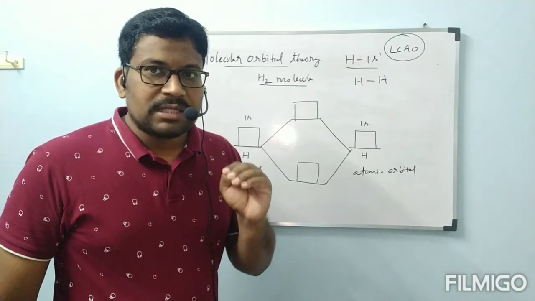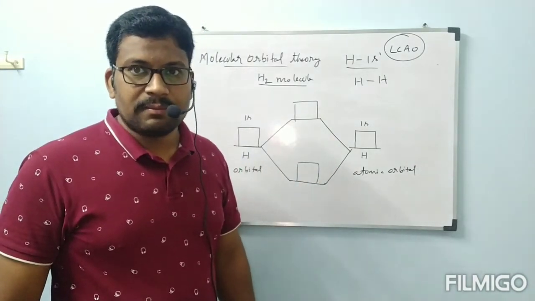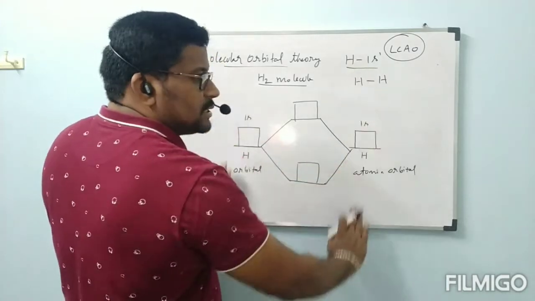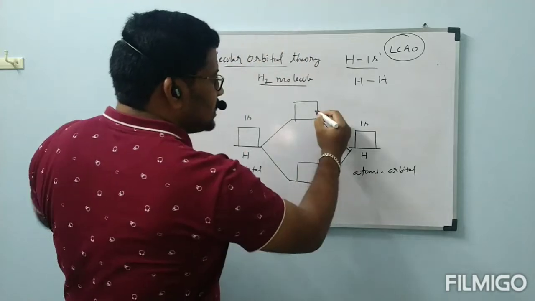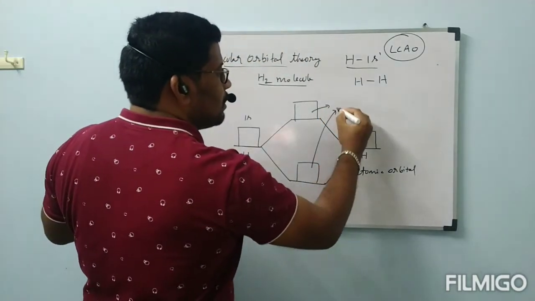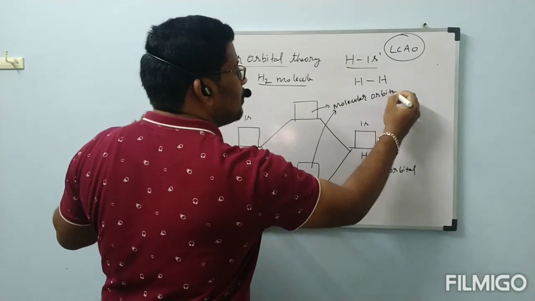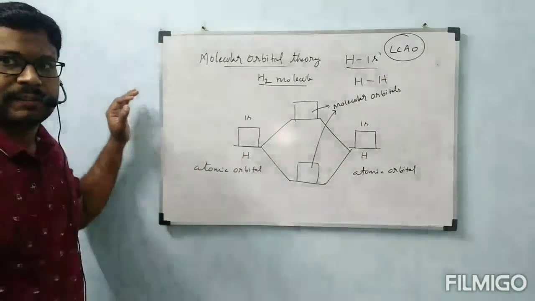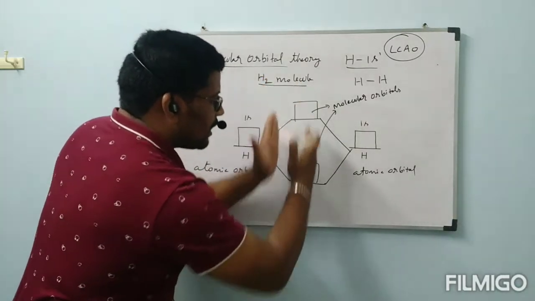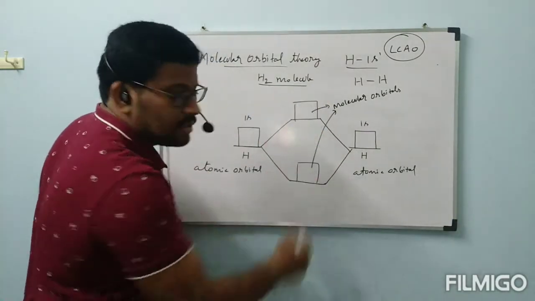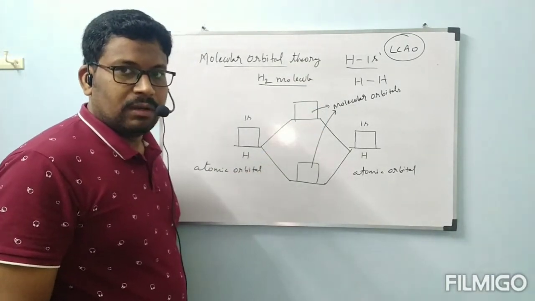If 6 atomic orbitals combine, we get 6 molecular orbitals. That is the important point you have to remember. These 2 are called atomic orbitals, and the middle orbitals, formed by their combination, are called molecular orbitals.